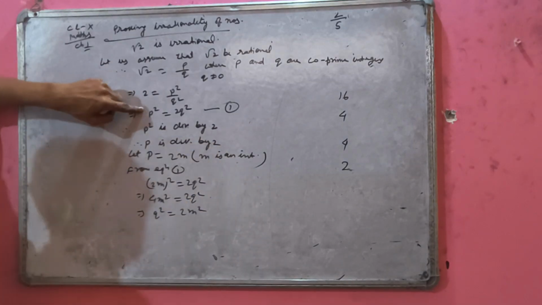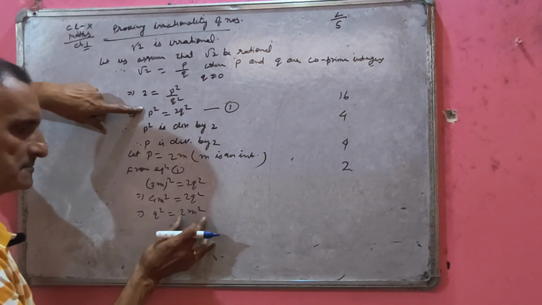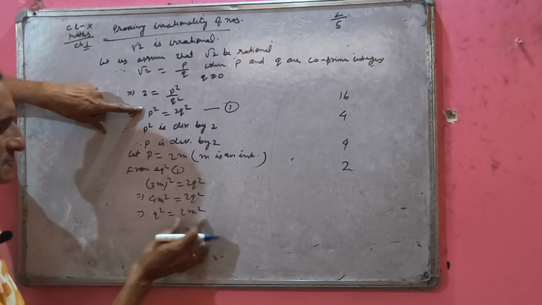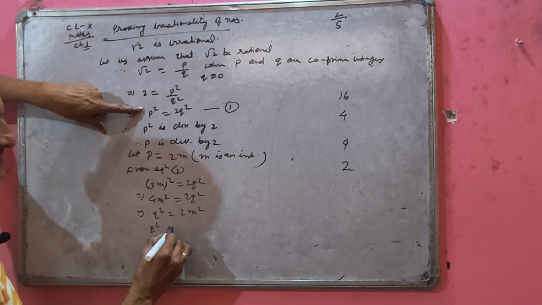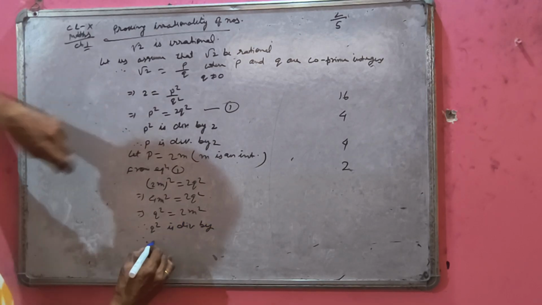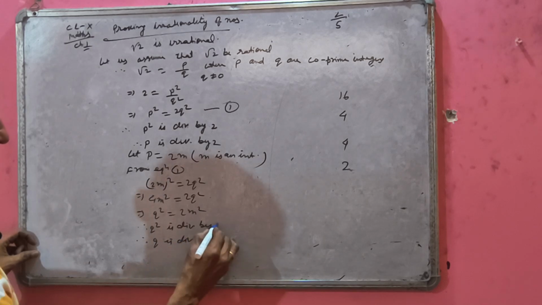Twice m square. Now see, this is a multiple of 2, or this is divisible by 2, and this is equal to this. If this is divisible by 2, so this is also divisible by 2. Therefore, q square is divisible by 2. Therefore, q is divisible by 2.